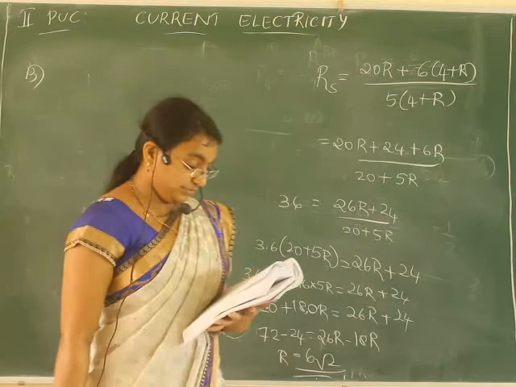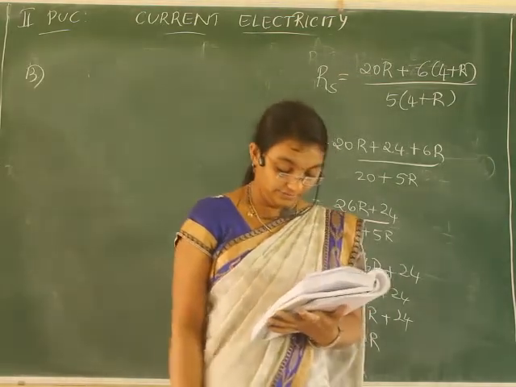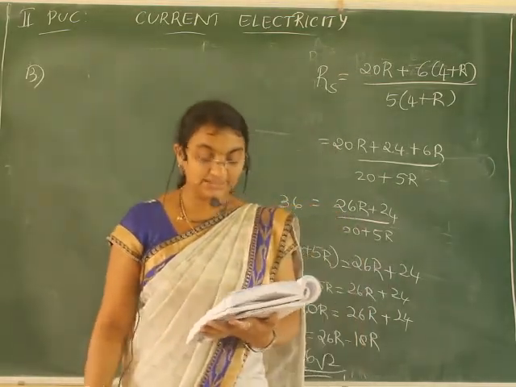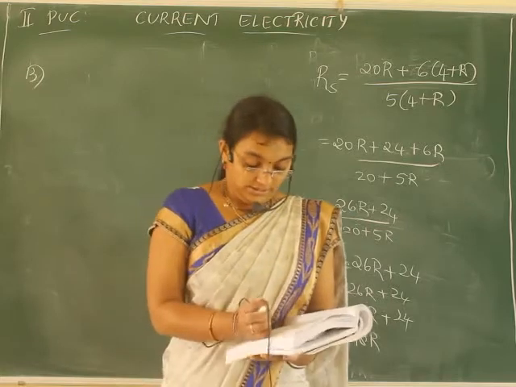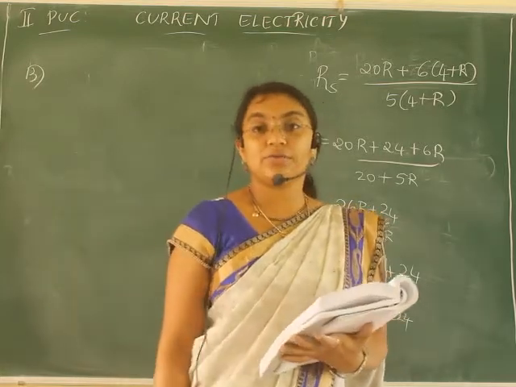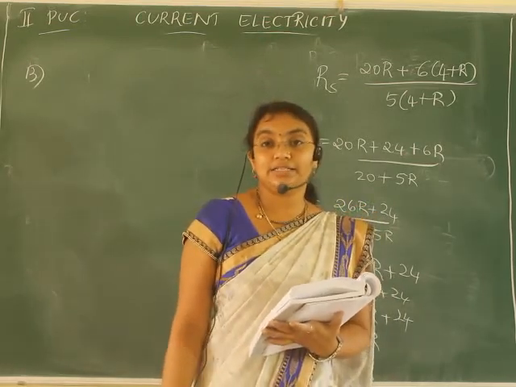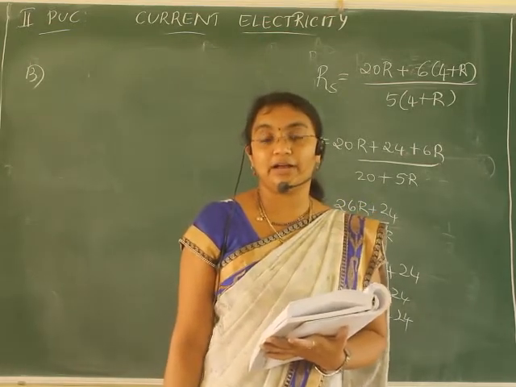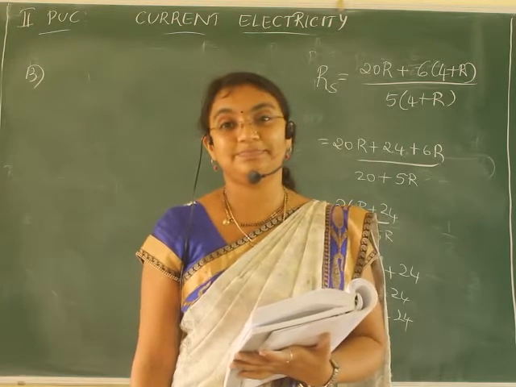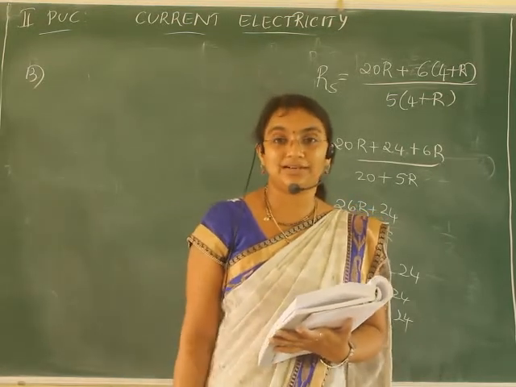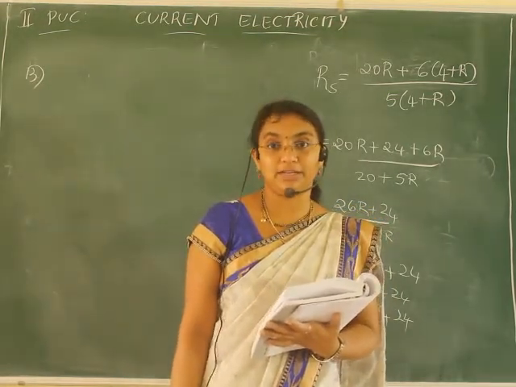H is equal to VIT. Heat energy dissipated per unit time is nothing but power. Power is nothing but work done per unit time, correct?